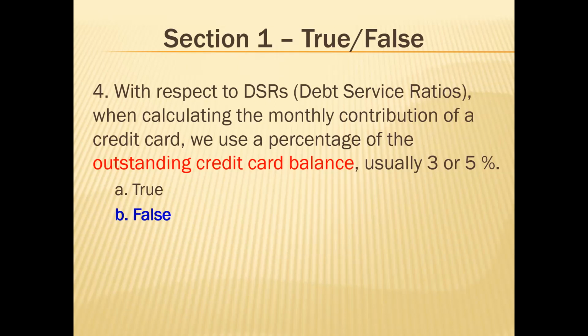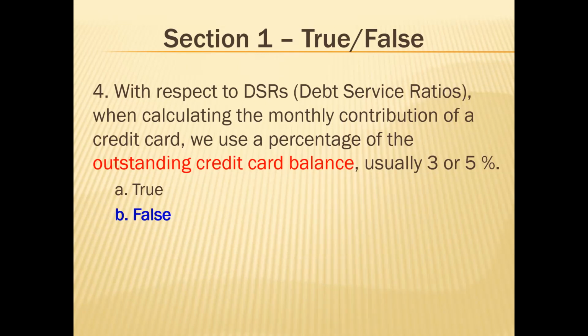Pay attention to the wording, because we use a percentage of the limit, the credit card limit, not the outstanding credit card balance. That was the only question in section 1 that I think was a challenge.